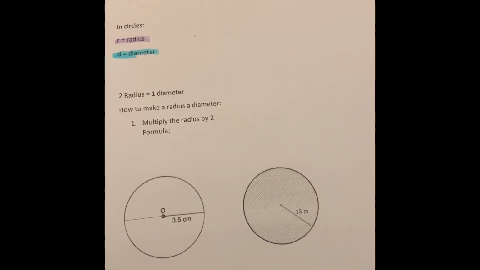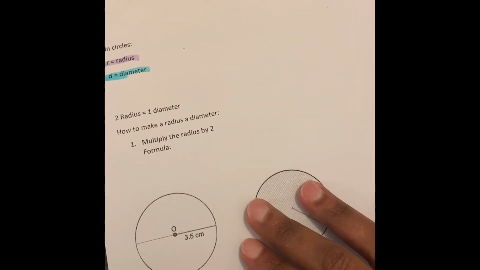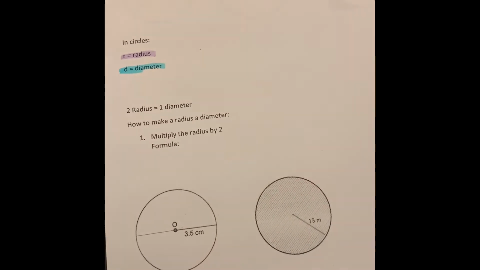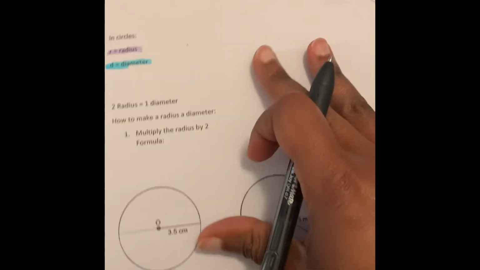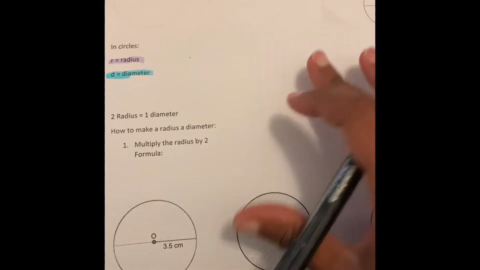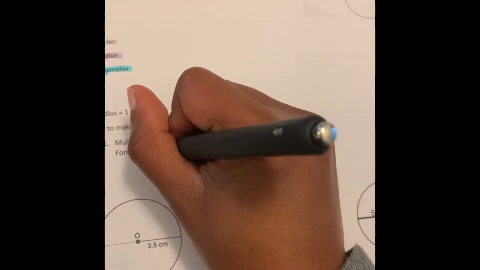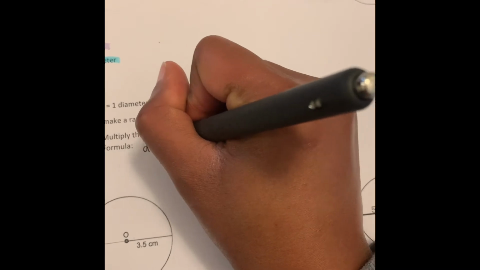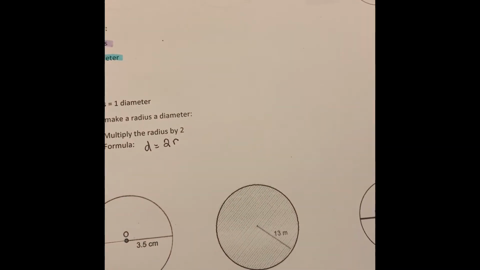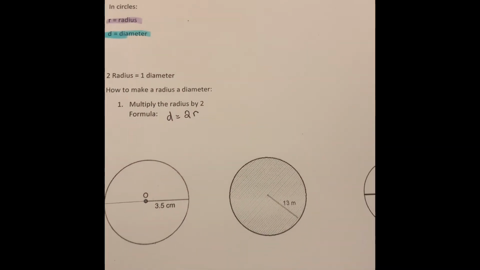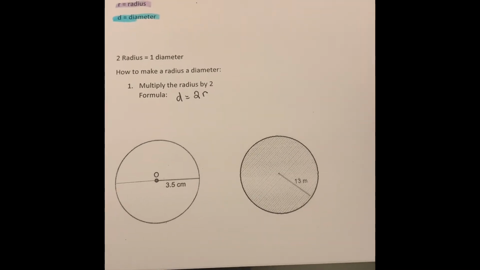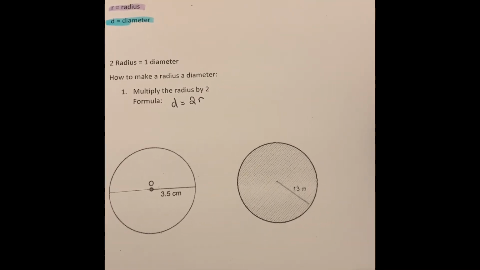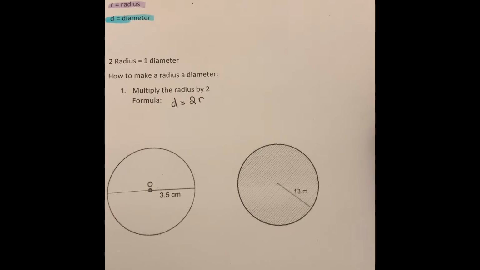We multiply the radius by 2. So my formula would be D for diameter is equal to 2 times R, where R stands for radius. D equals 2 times R.